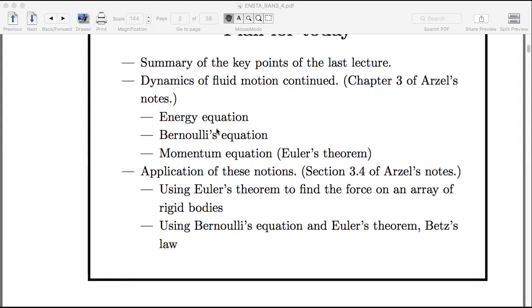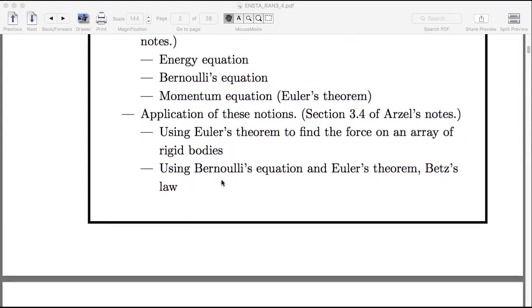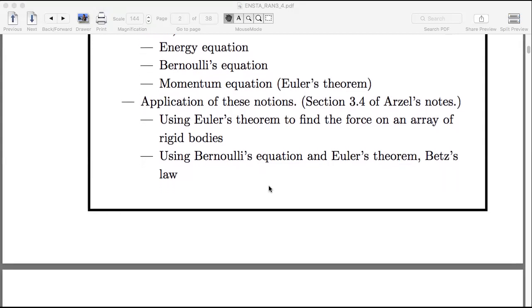And we're going to look at those in two applications, one for the Euler equation to find the force exerted on something, a grill or a grate that's embedded in a flow. And then we're also going to see an application of Bernoulli's equation.